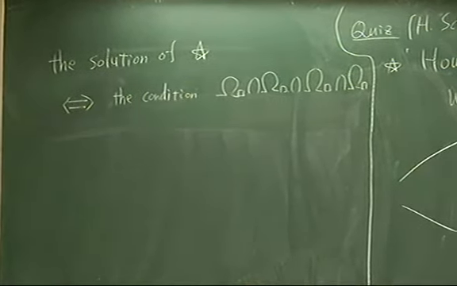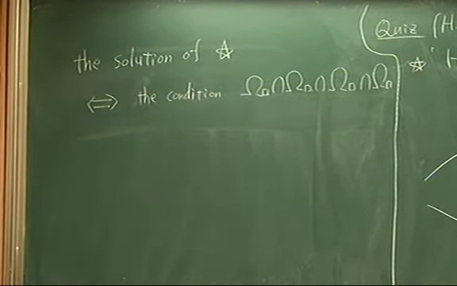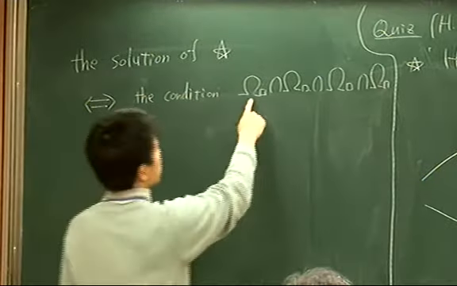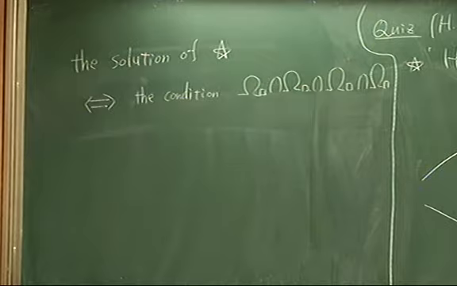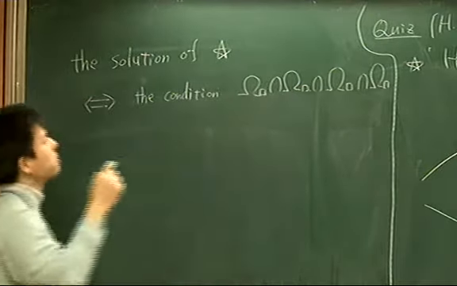This means a line is intersecting all four given lines. This symbol means "and".